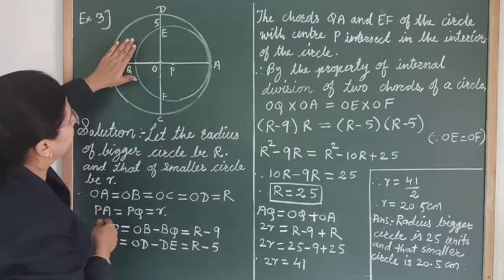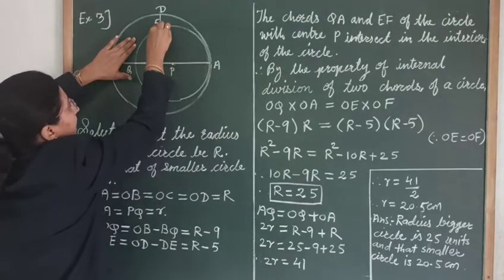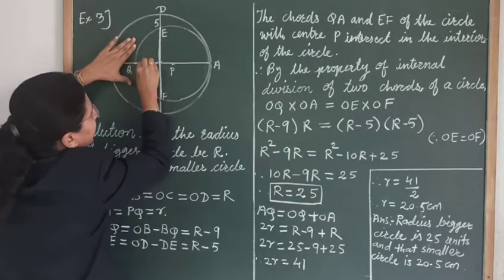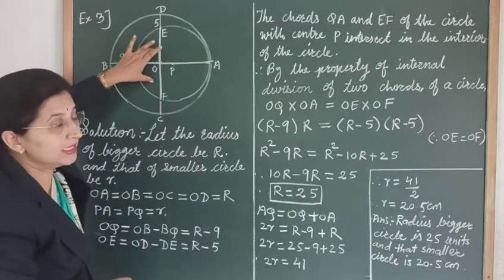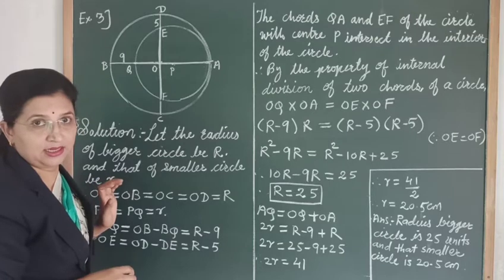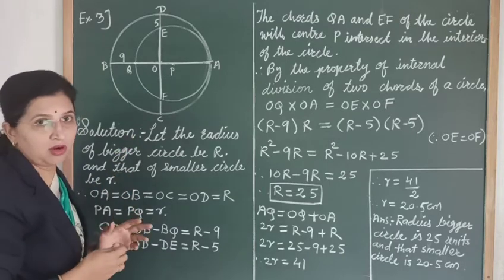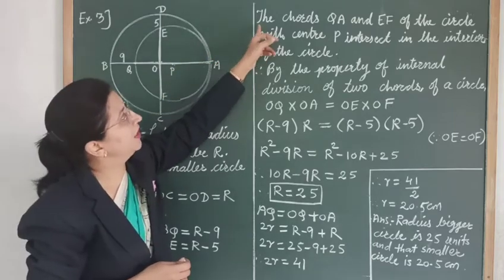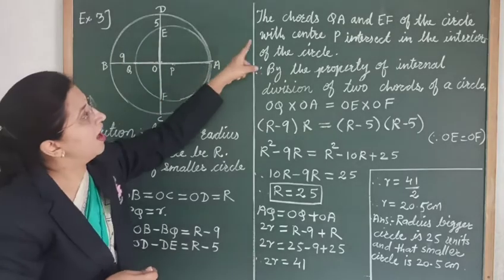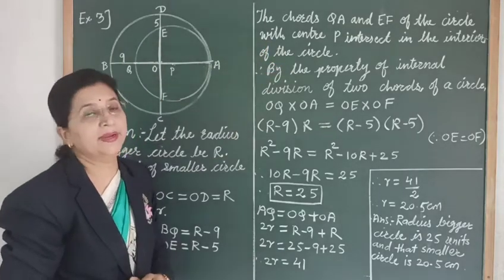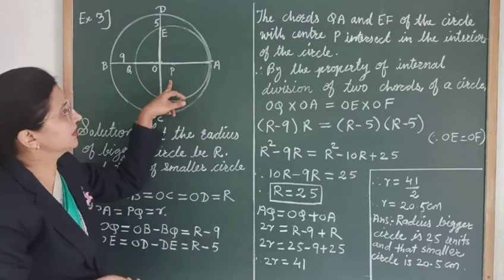So dear student, considering this small circle with the center P, EF and QA are chords, and these chords are intersecting inside the circle. So we can apply the property of internal division of the chords. Here I have written that the chords QA and EF of the circle with the center P intersect in the interior of the circle.